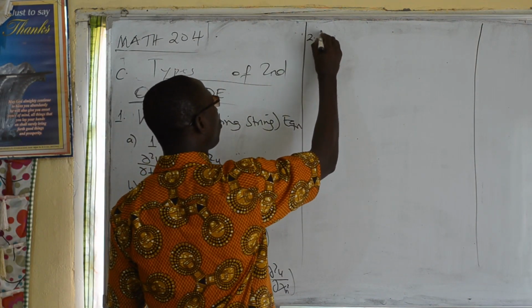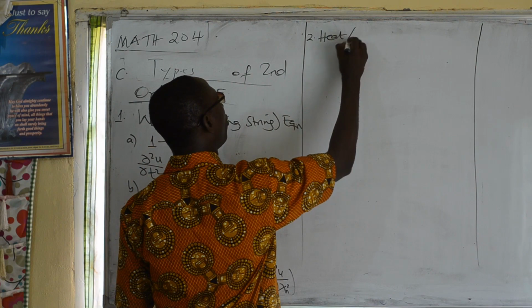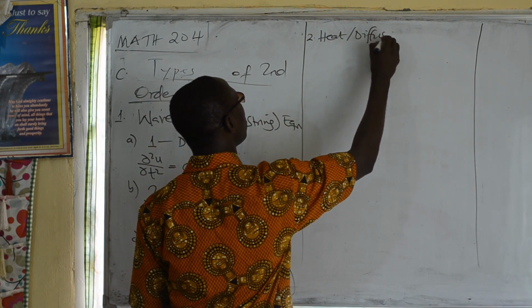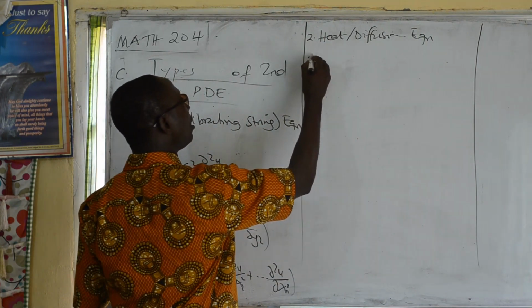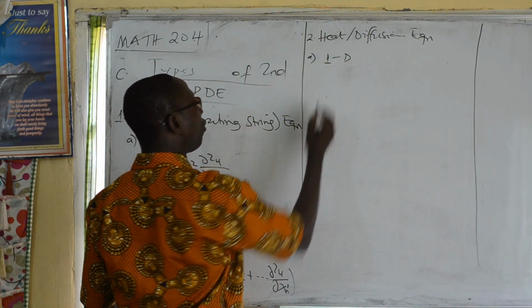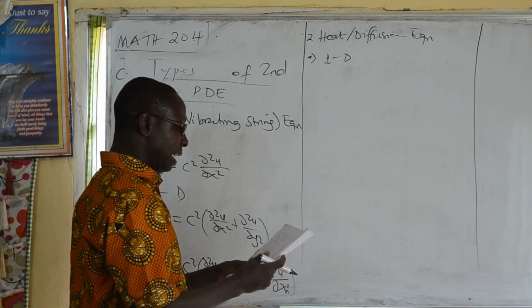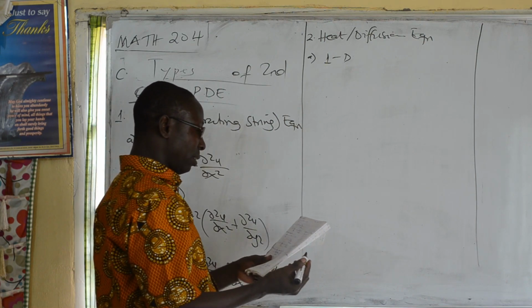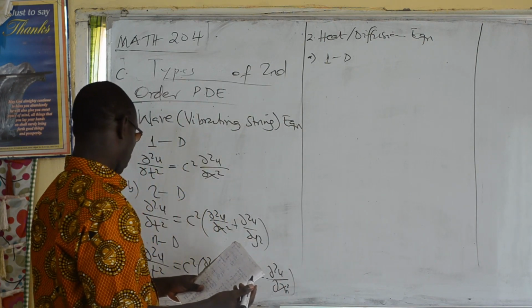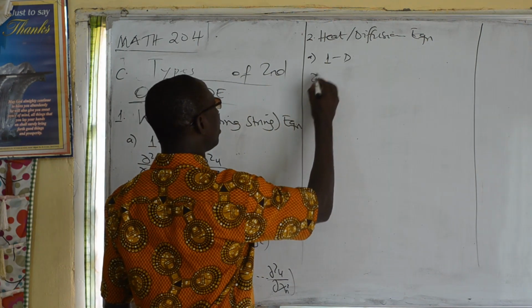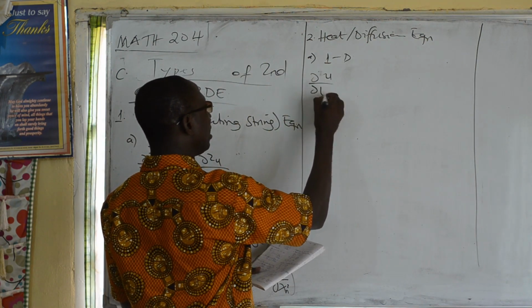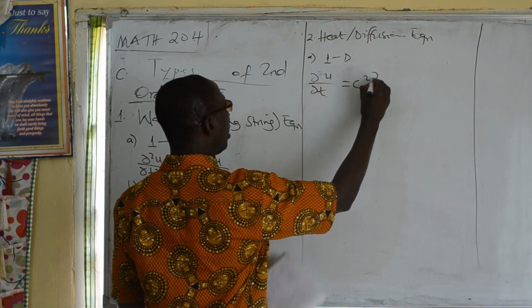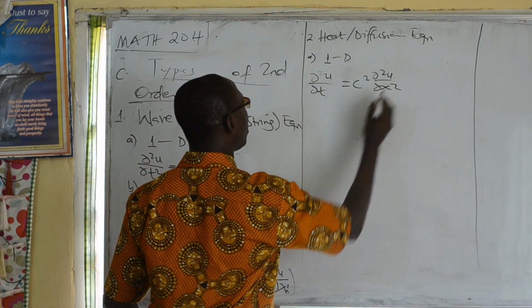The second one is what we call the heat or the diffusion equation. We can also have a one-dimension form for that. The heat or the diffusion equation is given by this: the u over the t is equal to c squared, the squared u over the x squared.